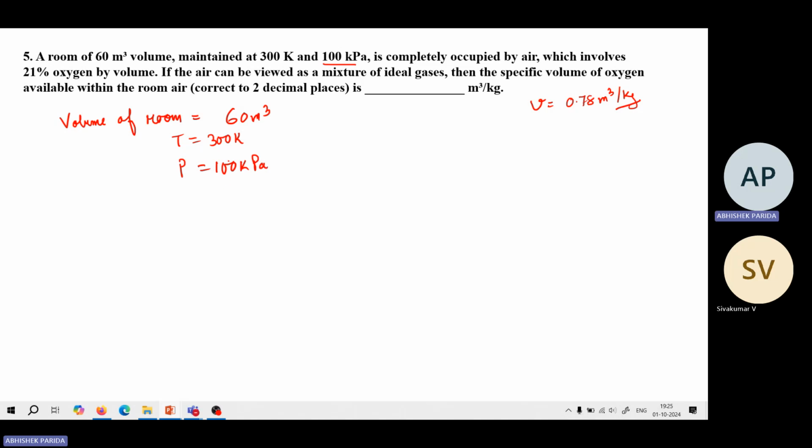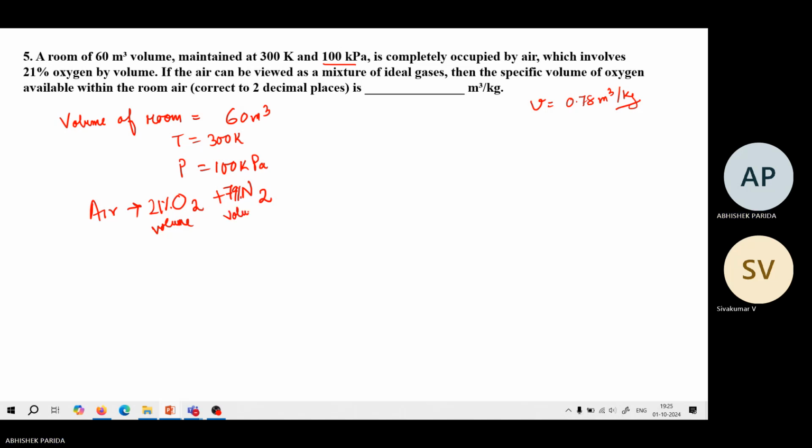So the air inside this room is at 100 kilopascal, 300 Kelvin, and it occupies a volume of 60 meter cube. But we say that this air is a mixture of oxygen and a certain amount of another gas, let us say nitrogen. So this is 21%, and mind you it is by volume. And the other is, I think, 79% by volume.